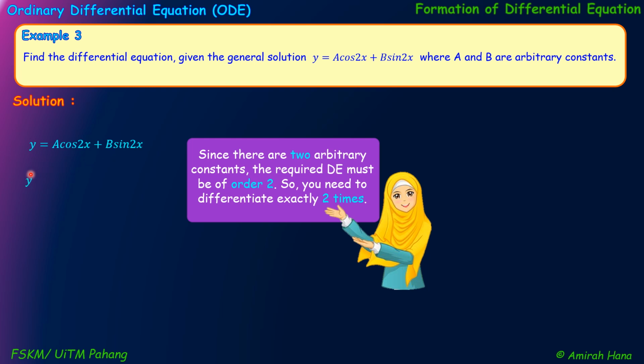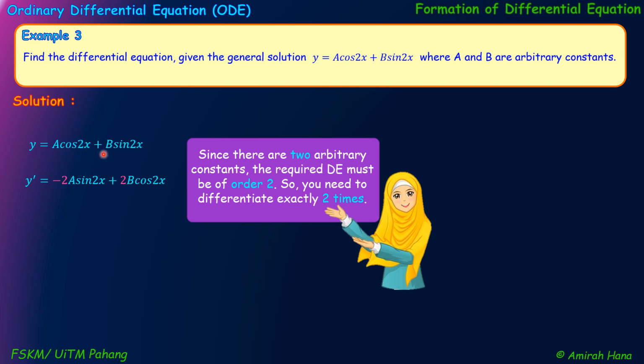So, we find y prime. When we differentiate a cos 2x, since we multiply by constant here, we still have constant a in front. Then we differentiate cos 2x, we get negative sin 2x. After that, we differentiate 2x, so we get 2 here.